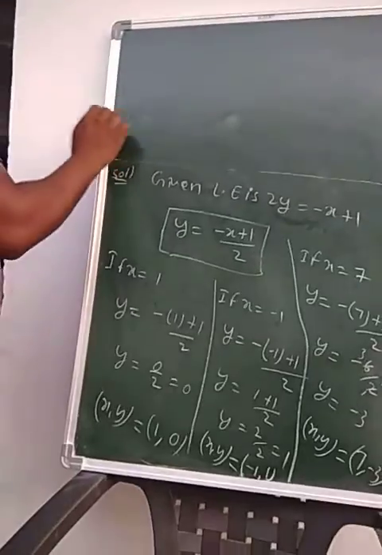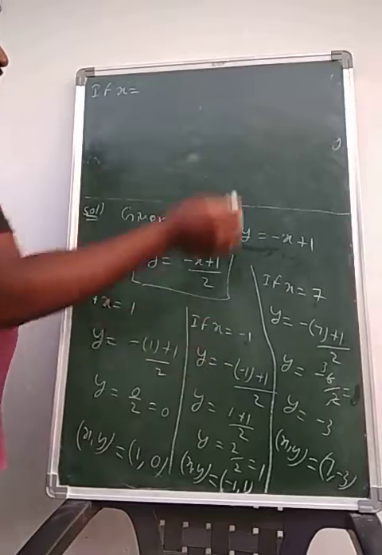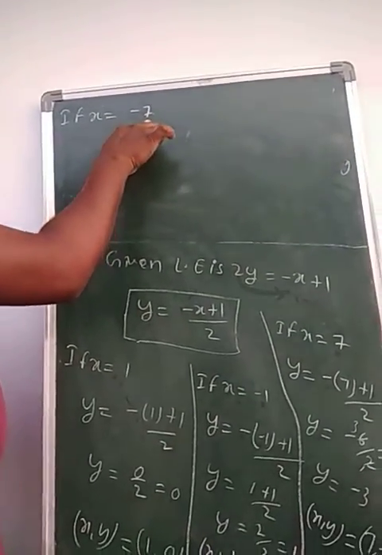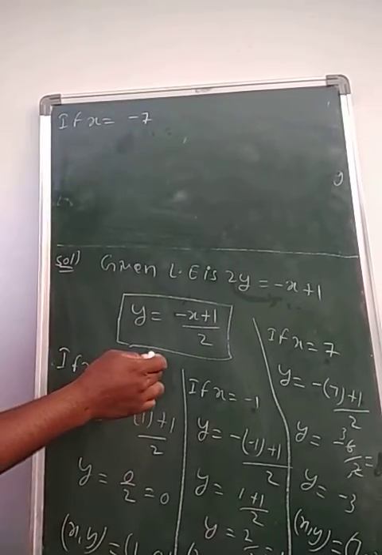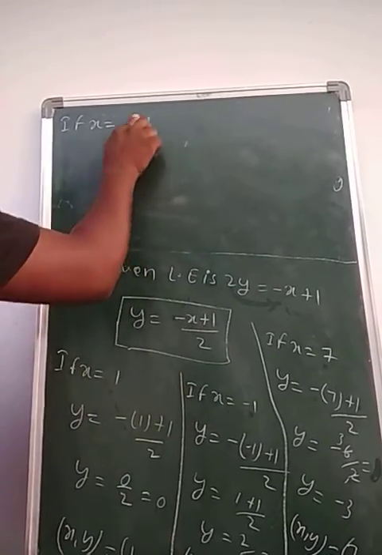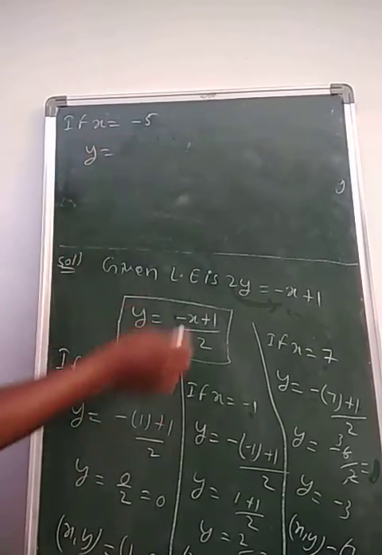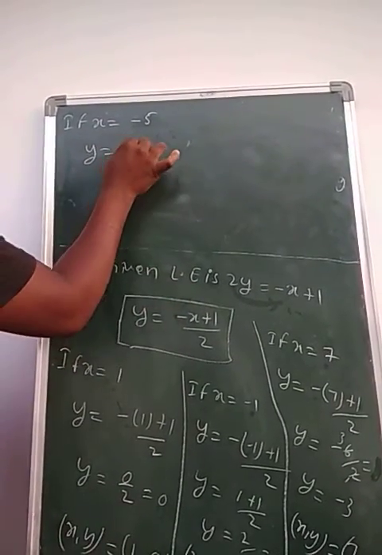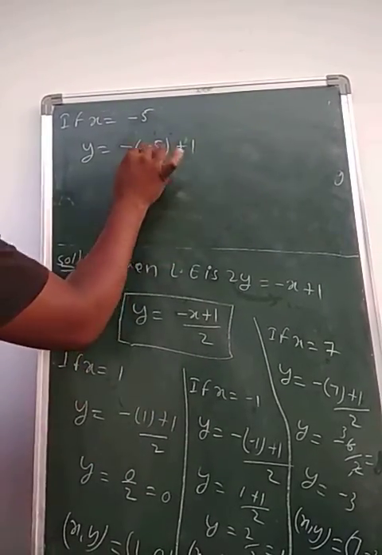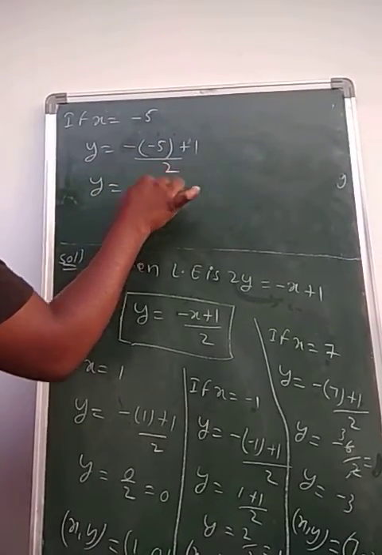If x = -5, then what happens? See, y = (-x + 1)/2, and x is -5, so y = (-(-5) + 1)/2.